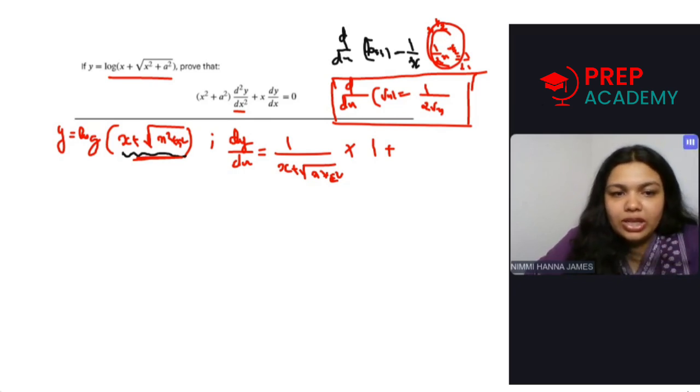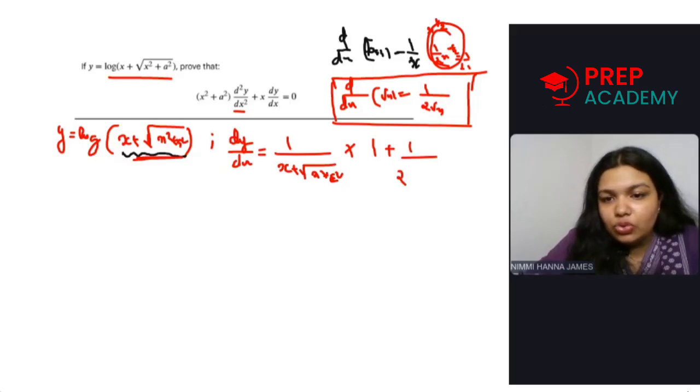So here also, d by dx of the root, we get 1 by 2 root of what is inside, x square plus a square. We have to keep whatever is inside the root as it is. Now into differentiating the term inside that root.